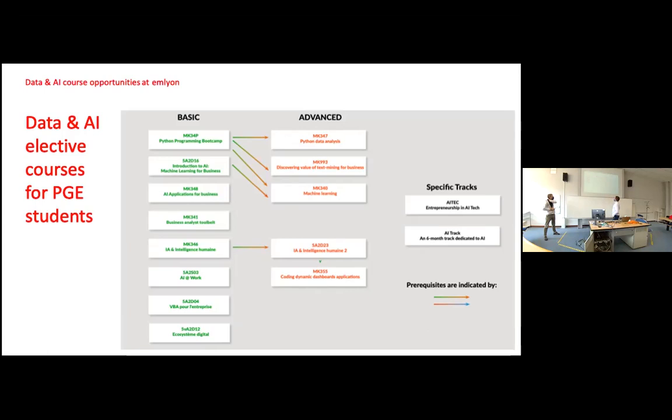Here to focus, we have 7 basic introductory courses. That goes over introduction to AI, introduction to the link between AI and business, the applications.